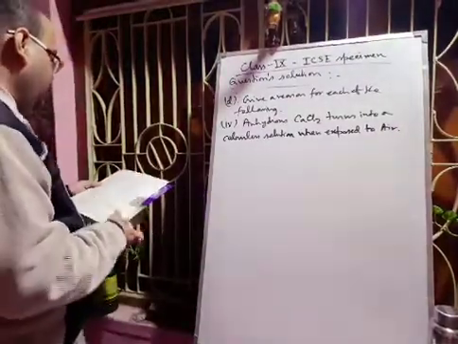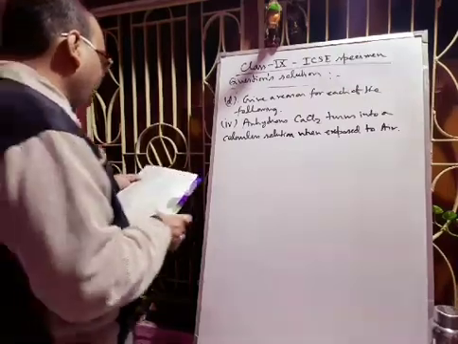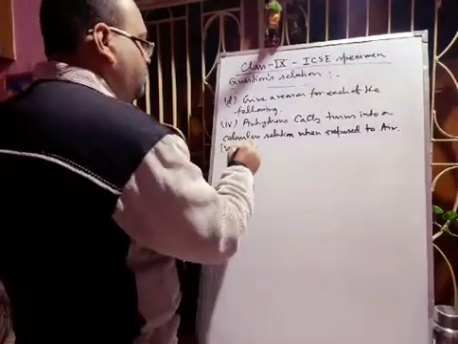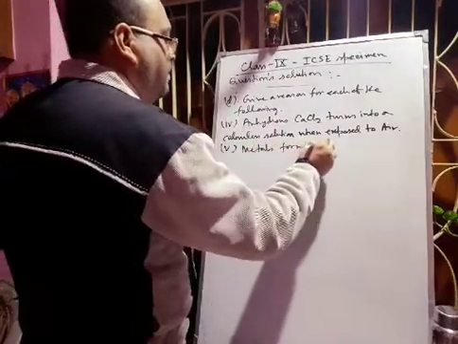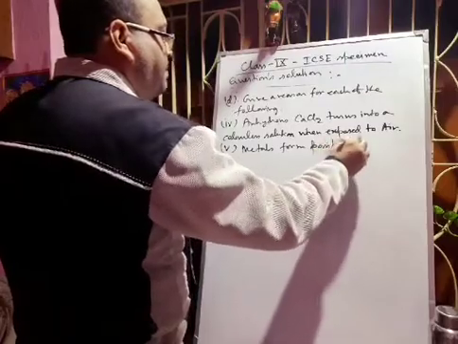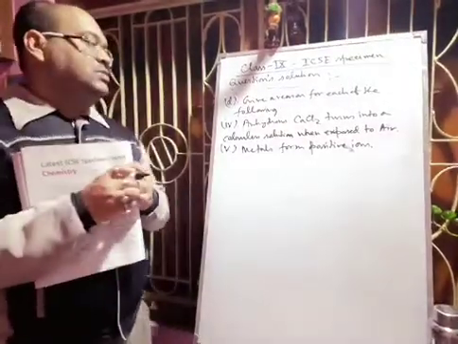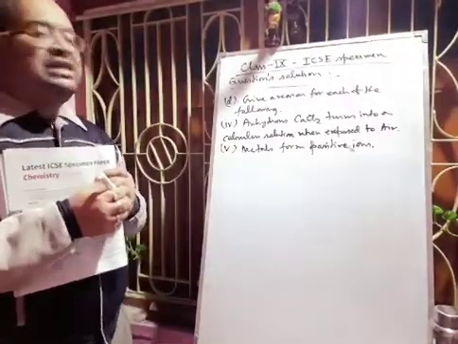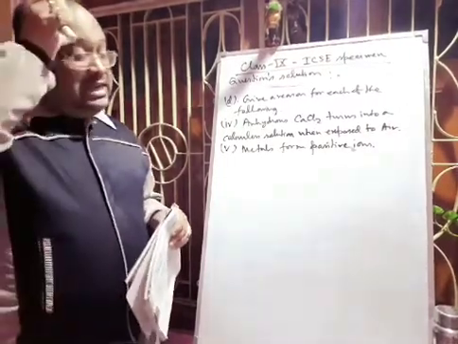Next question: metals form positive ions. It is the tendency of metals to lose electrons because their ionization energy is low.